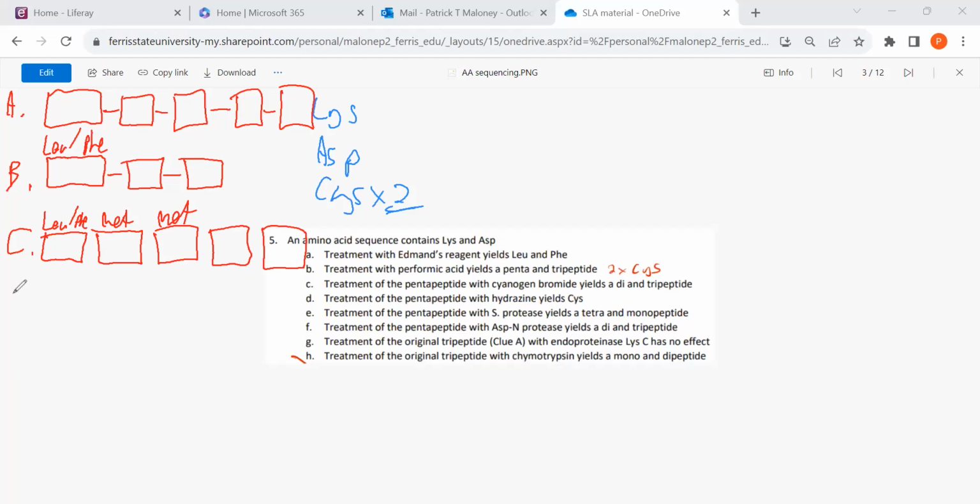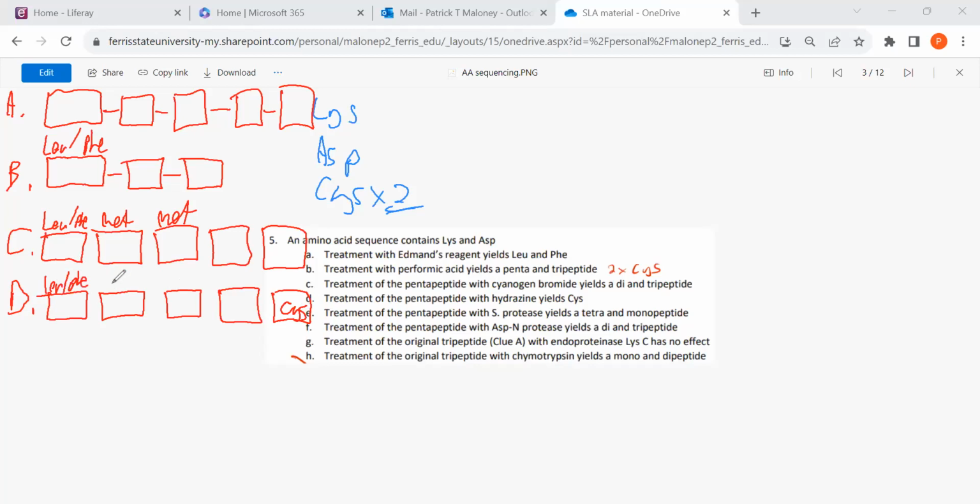And now we're going to move to D. Treatment of the pentapeptide with hydrazine yields cysteine. So we're putting Cys in here because hydrazine is our C-terminal identifier.